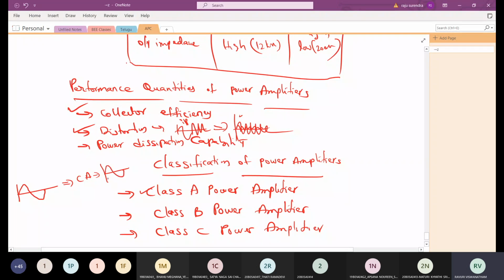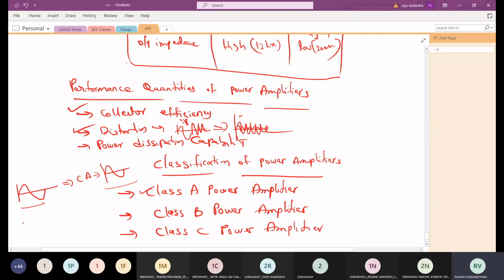So this type of amplifier is called a class A power amplifier. Whatever input you have applied, the same output you will obtain. Is there any distortion in this? No, sir. Might be there, but it is very low distortion.